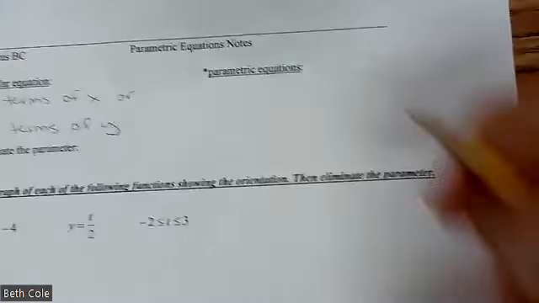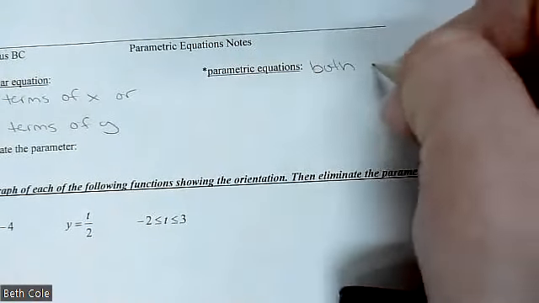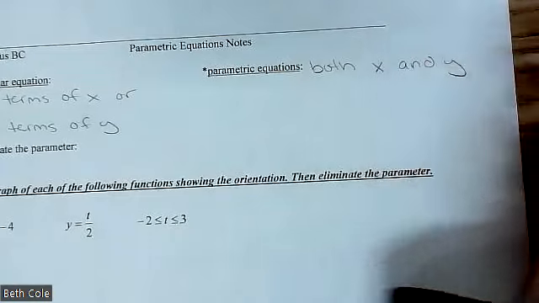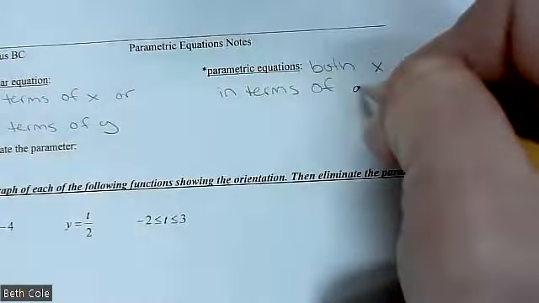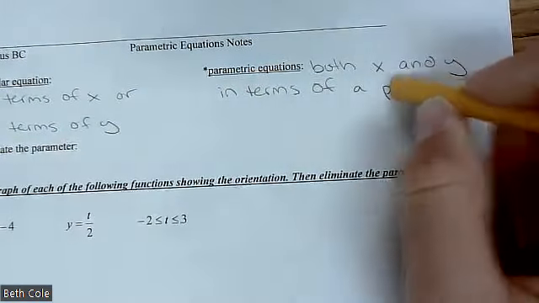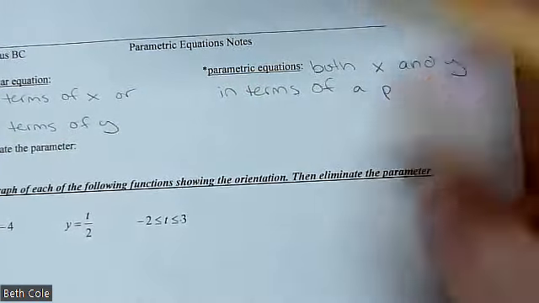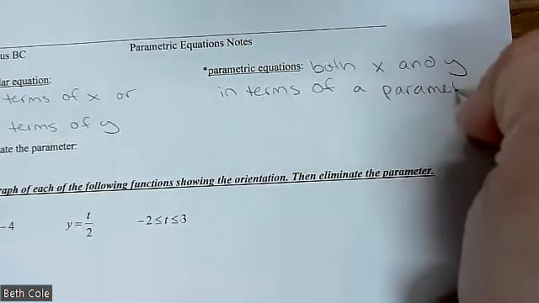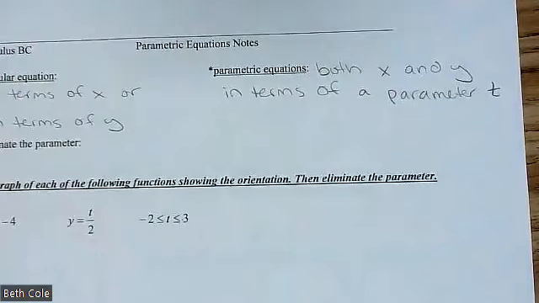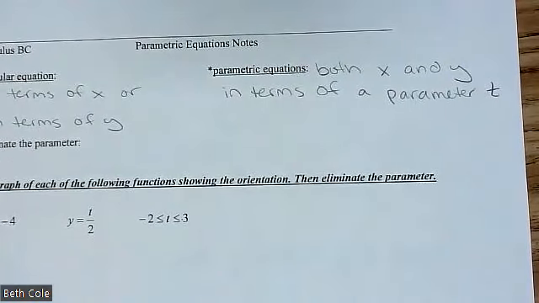So a parametric equation means both x and y are in terms of what's called a parameter, if I could spell correctly here. Which is called t. So you have x of t and y of t.